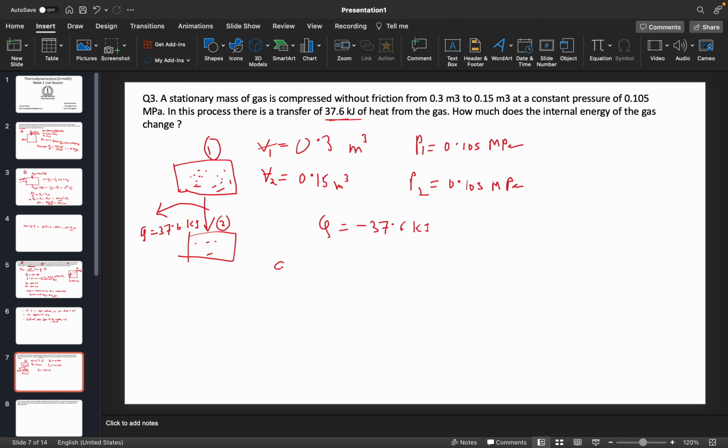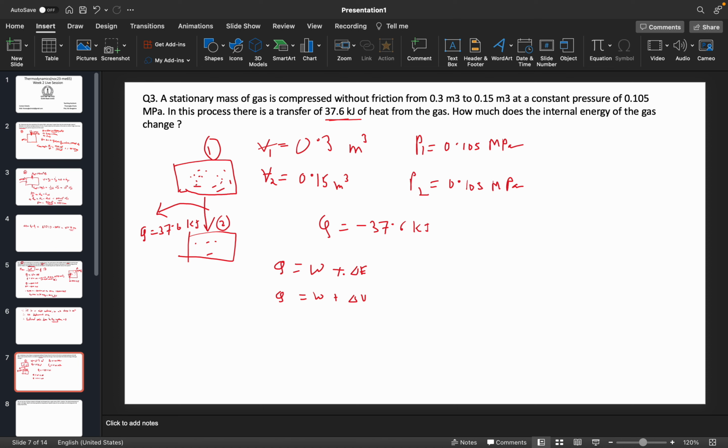Again, the first law of thermodynamics says Q is equal to W plus delta E. Now, neglecting the kinetic and potential energy changes, we can write Q is equal to W plus delta U. Now we have to find delta U. We know Q. Now how will we calculate W? See, what is going on? Compression is taking place.